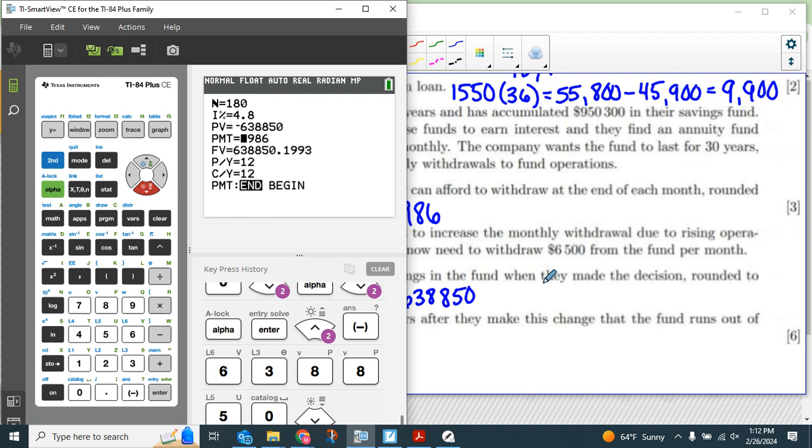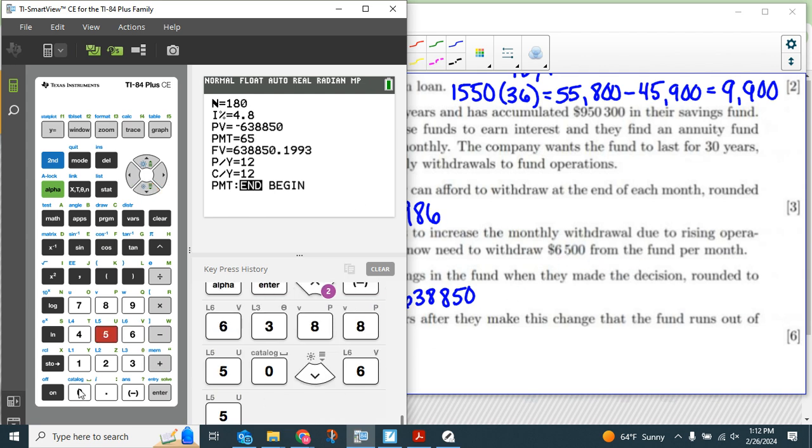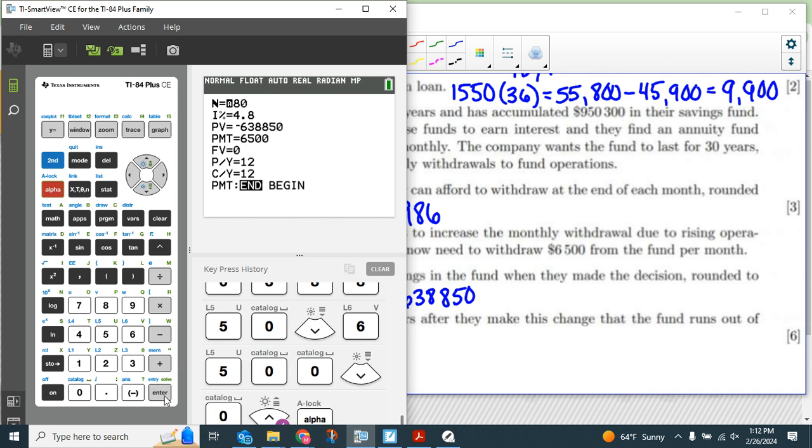The payment, the money that they're taking out now, becomes 6,500. The future value again is going to be 0. Everything below that stays the same: payments per year, compounding periods per year, and they're taking it at the end. So we want to know how many months that will last.